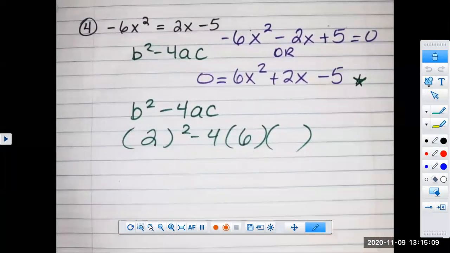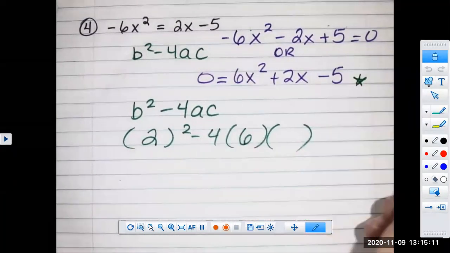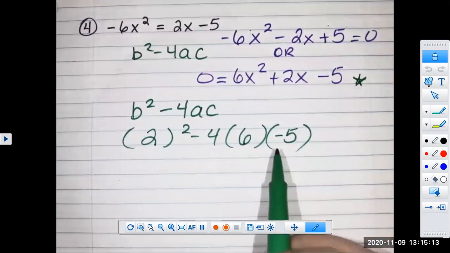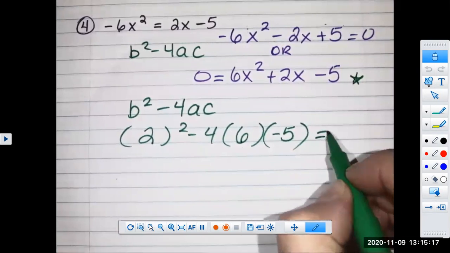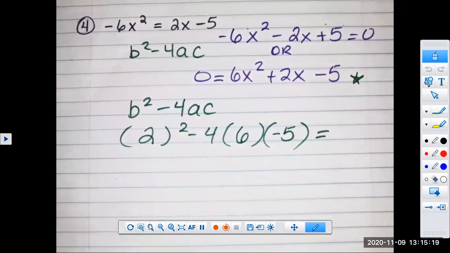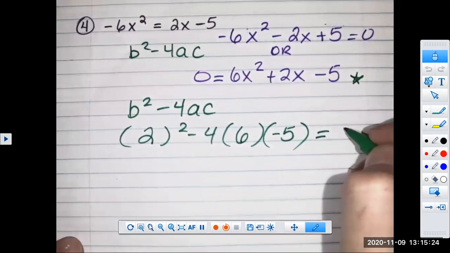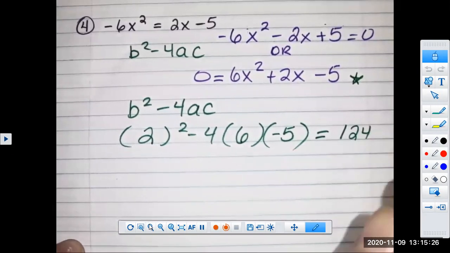Plugged in 6 for A this way and negative 5 for C. Tell me what you got for your discriminant value. 124? Yes. Should get positive 124.